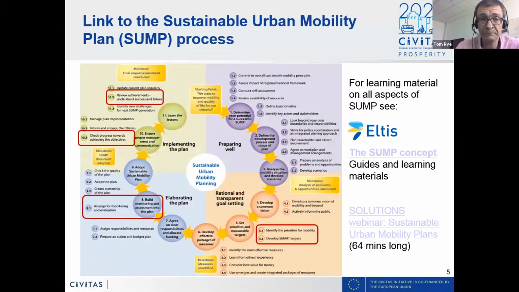And within the SUMP cycle, within the wider Sustainable Mobility Planning cycle in the guidelines, there are various points, but I won't go into them in great detail, at which monitoring and evaluation fits in, and they're highlighted in red here.